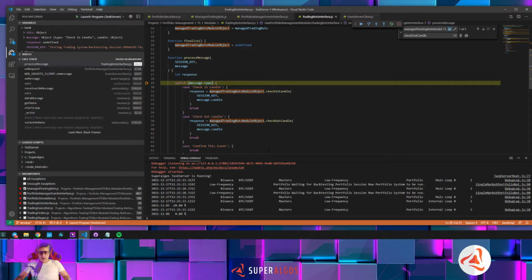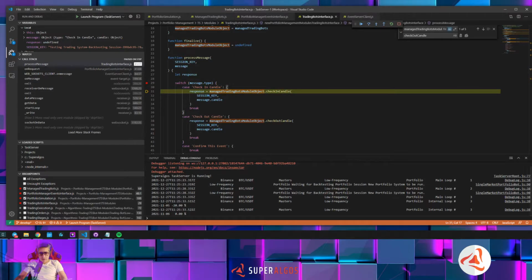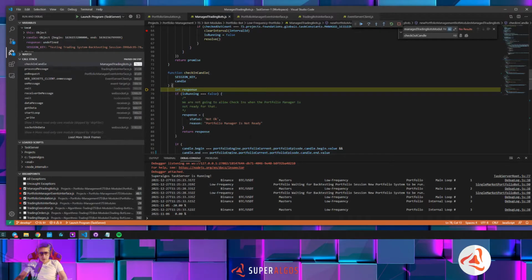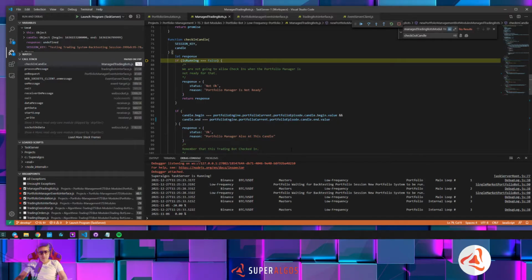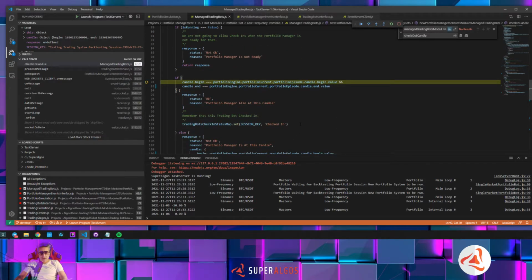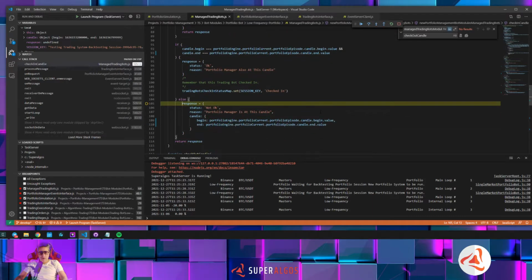So now we got the execution in here. We go again. We are inside the check-in. Is this running? Yes. Are the candles the same? No. So this is going to respond.